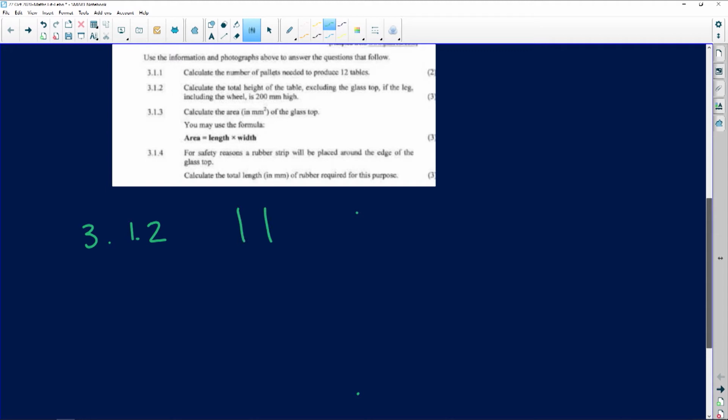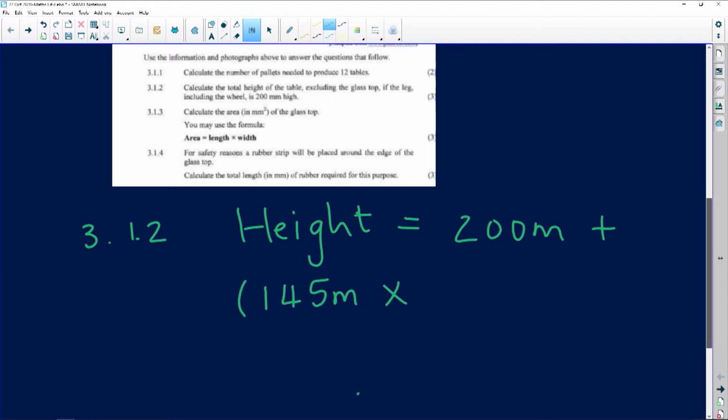So the height of this table is going to be 200 millimeters, which is that bottom part of the table that they've told us about. And then it's going to be plus 145 millimeters, which is the height of one pallet, times 2 because you need 2 pallets. Easy peasy, right? Let's go and get the answer.